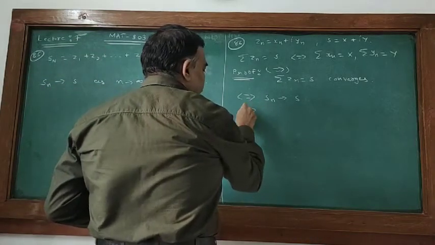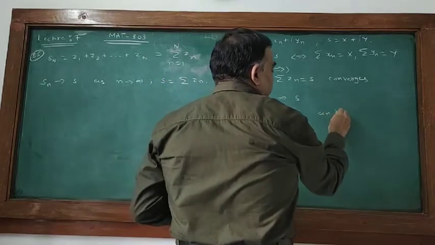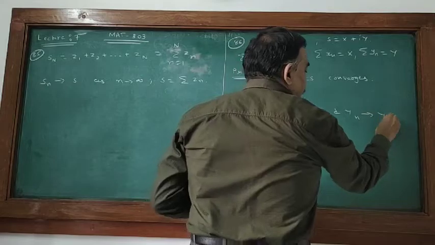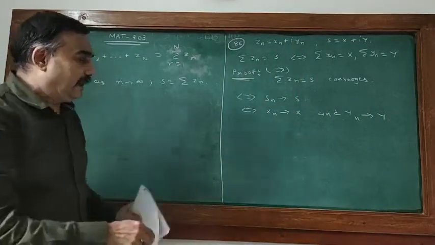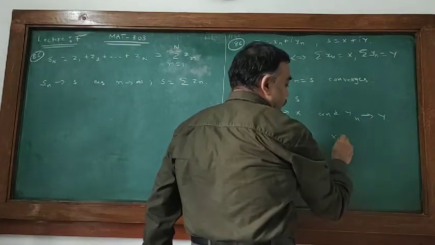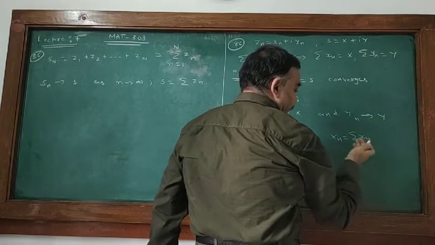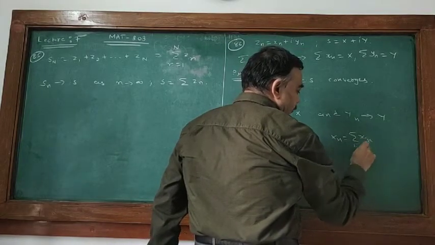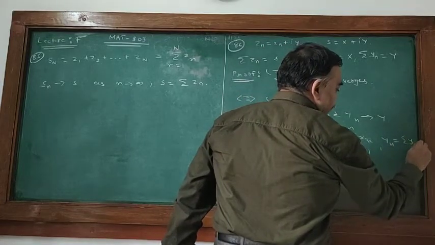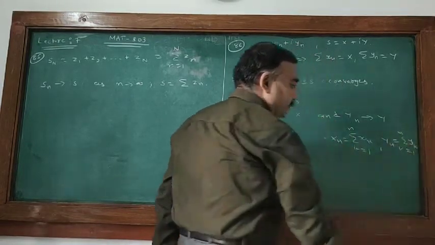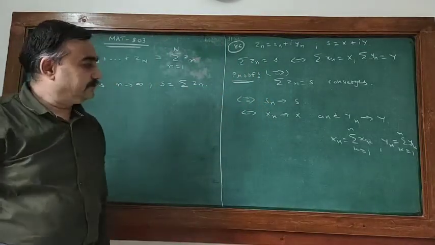This implies Xn converges to X and Yn converges to Y. Now what is it? X_N is sigma Xk, k running from 1 to n, and Y_N is sigma Yk, k running from 1 to n. Obvious notations are used.